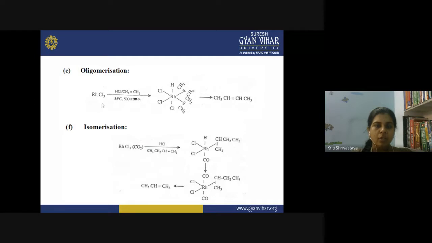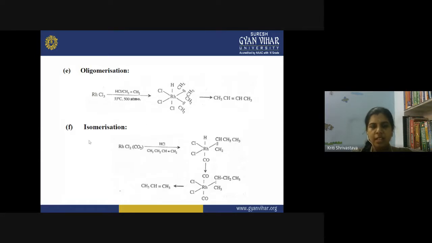We have RhCl3, and when the metal halide is taken, the alkene is inserted in the presence of HCl gas. Two alkene molecules, you can see, are inserted over the metal atom, and after the reaction they are added together to form an added product. This is the oligomerization reaction. Two alkenes are getting inserted over each other.